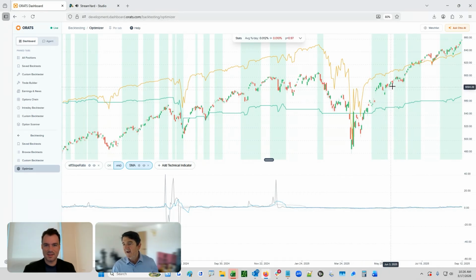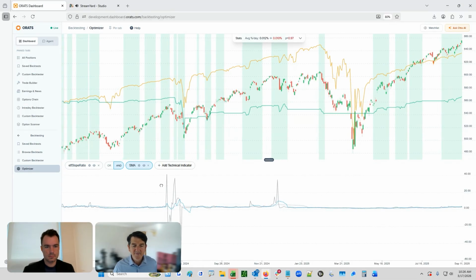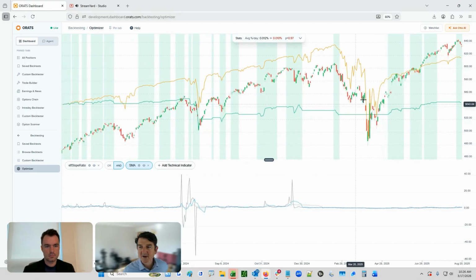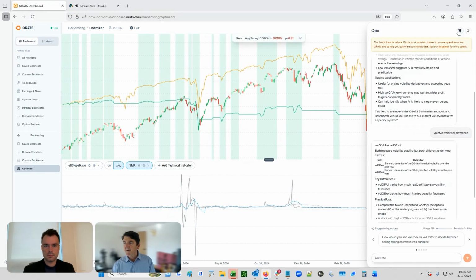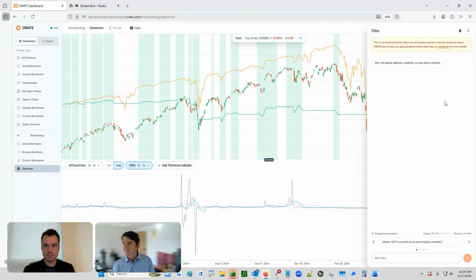So, yeah, it got us out of here, but let's look at some other crashes. It didn't do too well here, so I would consider this not very good. Now ETF slope, let's talk about what that means, and let's see if auto gets it.